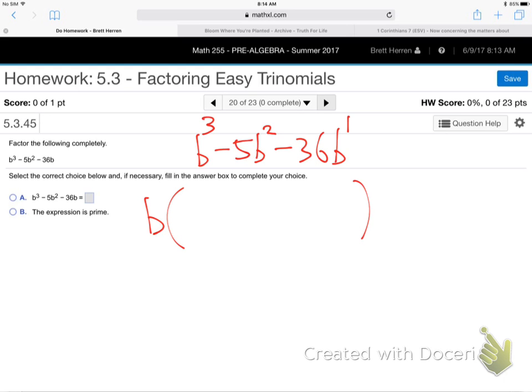Good so far? All right, now, how do you know what goes on the inside? Whatever works. B times B squared, B times minus 5B, B times minus 36.